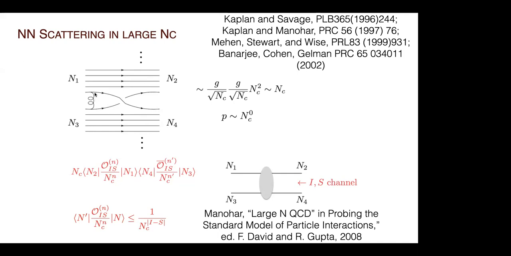But each of these gluons, as we've seen, is going to come with this scaling of G over the square root of NC. And on the other hand, the number of ways that it is possible to invoke this quark exchange is NC squared. And so the whole thing goes as NC. And that is why conventionally there's this NC that goes out in front of everything. Another way of looking at it, I'll get to that in a moment.